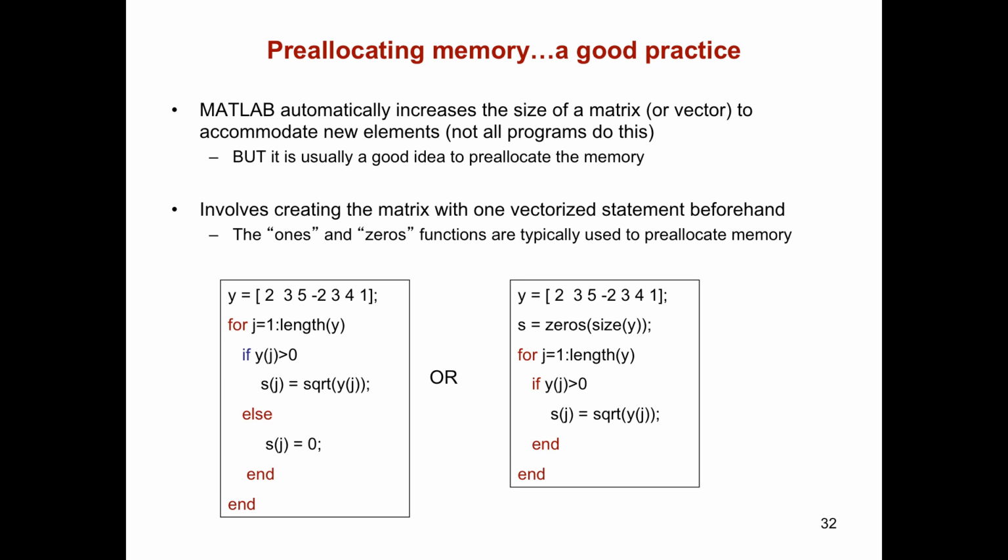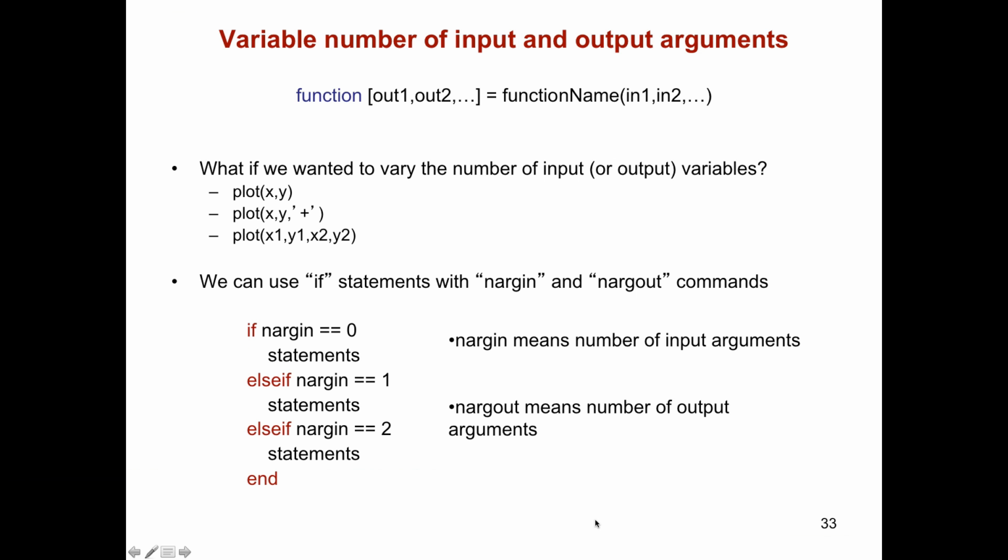They can be used to simply say, okay, create me an array of that size. The zeros is of course the most popular one. So this basically creates the array of the same size as y and then goes one by one and stores new elements in there. Okay?